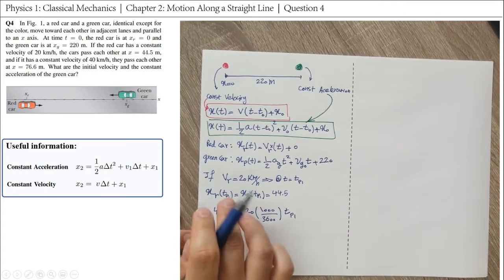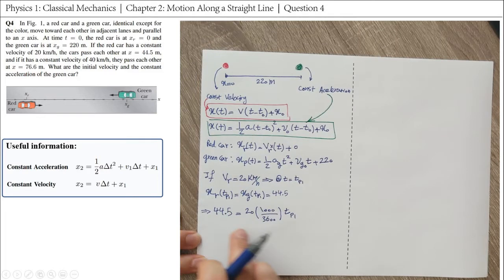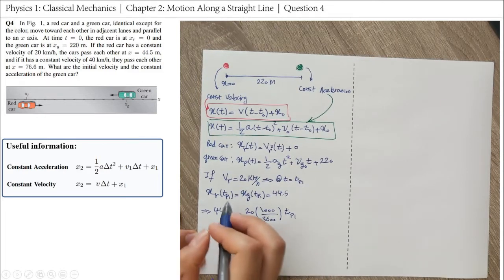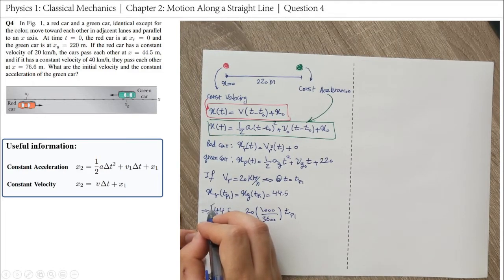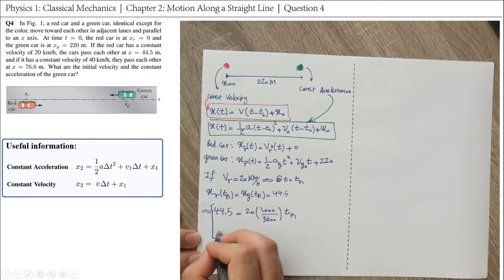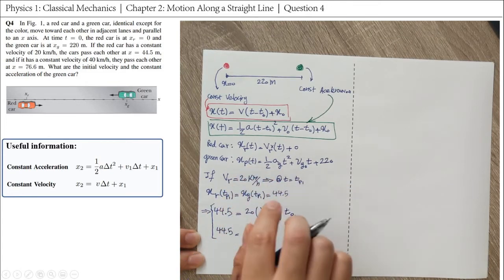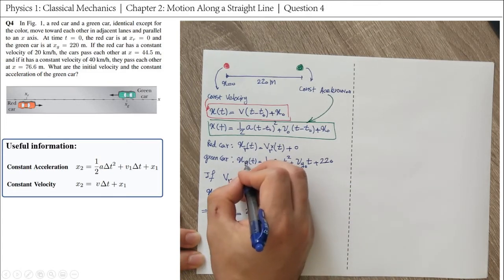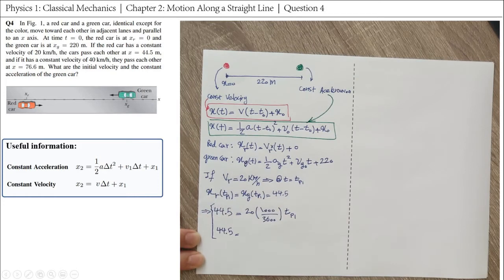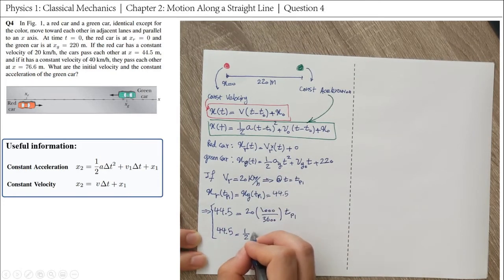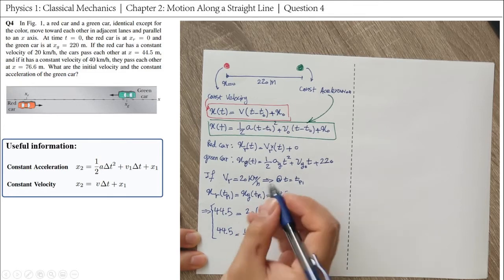Okay, so writing this for the red car, I can get this equation, and writing it for the green car, I can have again 44.5. Now looking at this equation, the green car, why is it p? It should be g. The position of the green car equals 1/2 the acceleration of the green car, which I don't know.